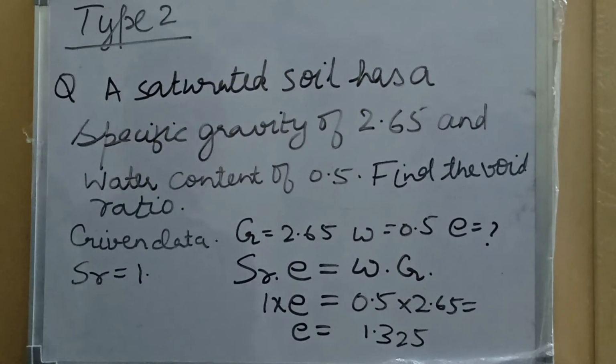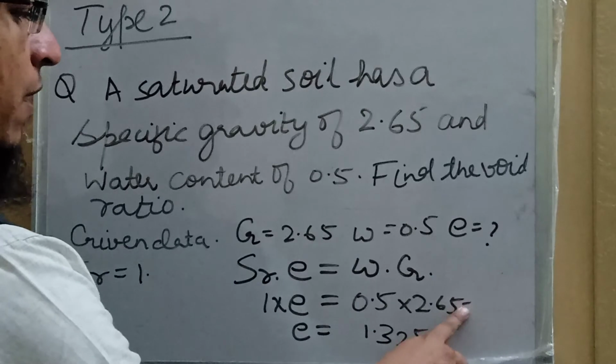In this way we can solve problems related to basic soil interrelationships, remembering the appropriate soil interrelationship and choosing a suitable one to solve the problem depending upon the given data and the requirement.